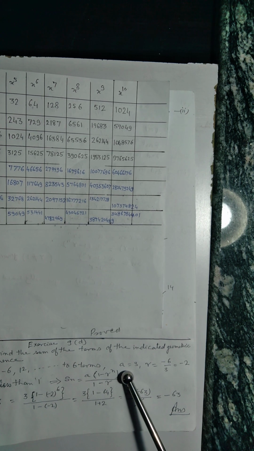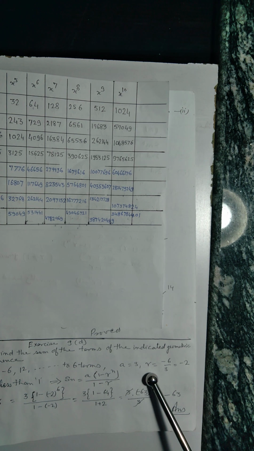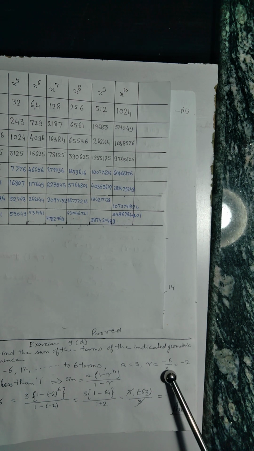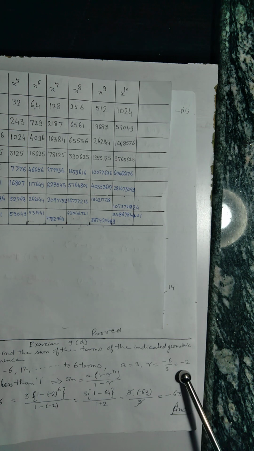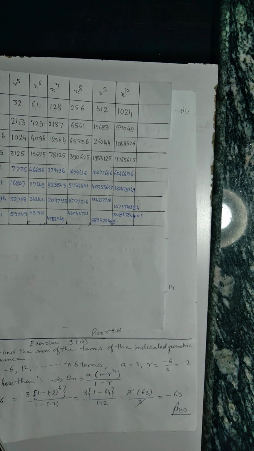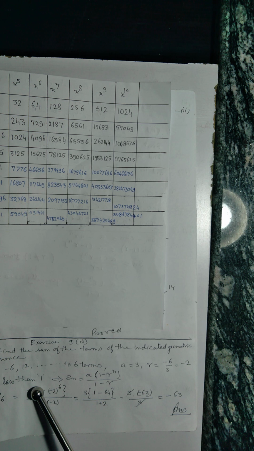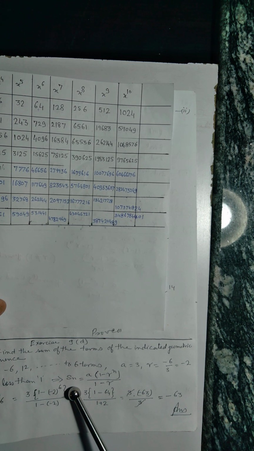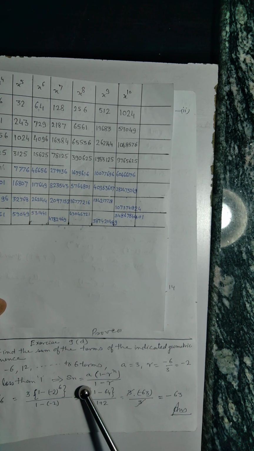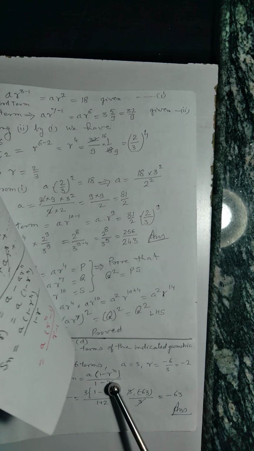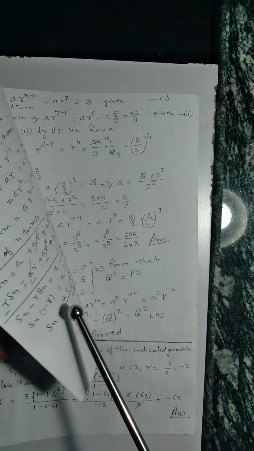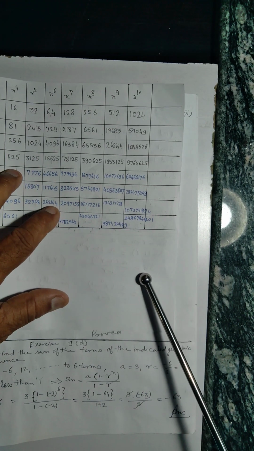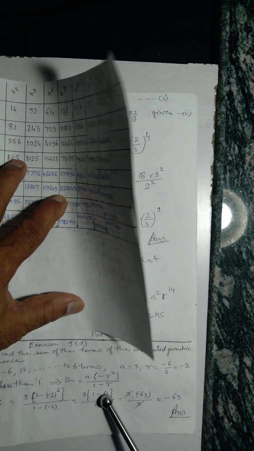Here a is 3 and the common ratio is minus 6 by 3, that is minus 2. Here the common ratio is less than 1, so we will use this formula. Sn, the sum of n terms, will be given by a in bracket 1 minus r to the power n upon 1 minus r.